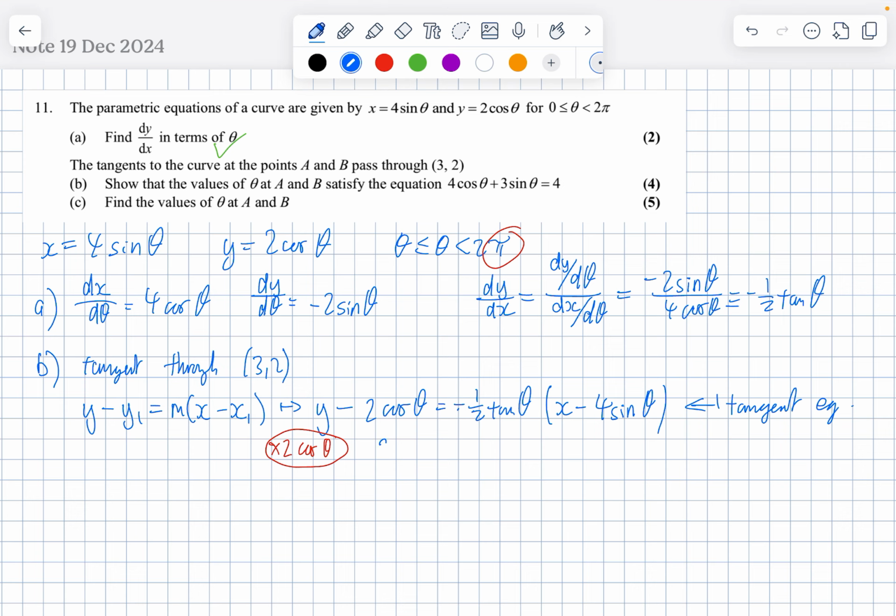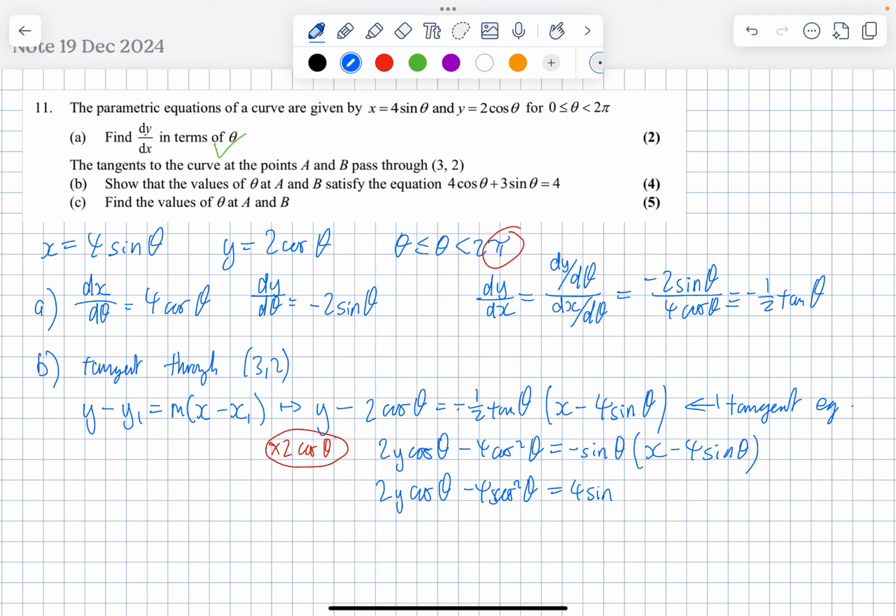So if I do that, I've now got 2y cos theta minus 4 cos squared theta is equal to minus sine theta, multiplying x minus 4 sine theta. Let's multiply the brackets. So I've got 4 sine squared theta minus x sine theta.